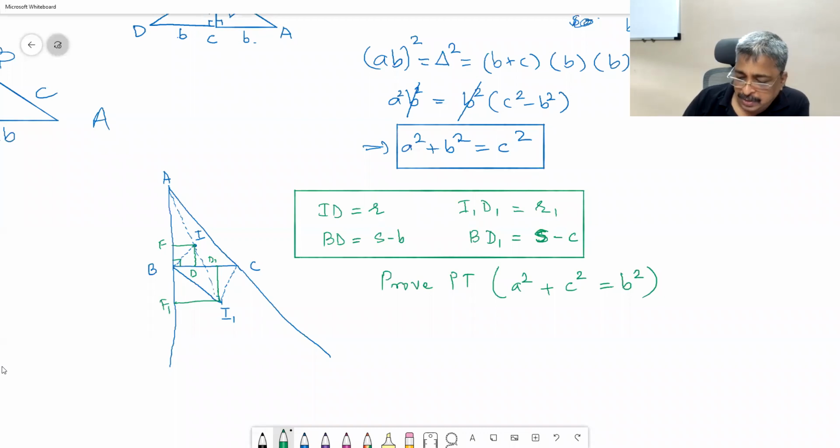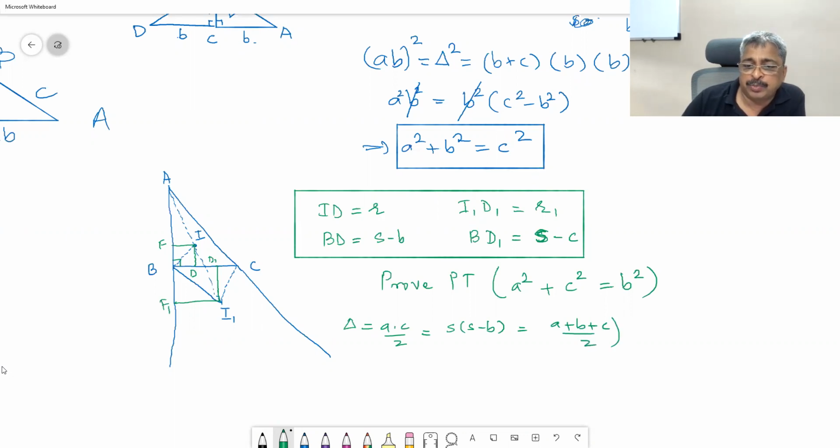Let us check. Area of the triangle is equal to small a into small c upon 2, which is also equal to r into s, but r is s minus b. So s into s minus b. But s is a plus b plus c upon 2, and s minus b is a plus c minus b upon 2. Good.